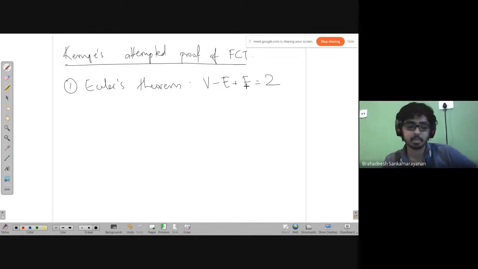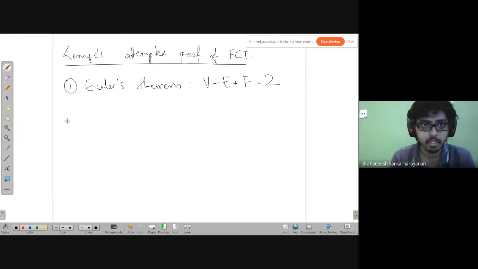So we will use Euler's theorem to identify a certain property about planar graphs. And secondly, we will introduce the notion of a Kemp chain. I will not prove Euler's theorem, but we will use it in the following way.